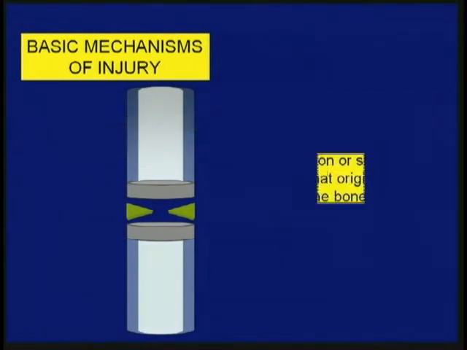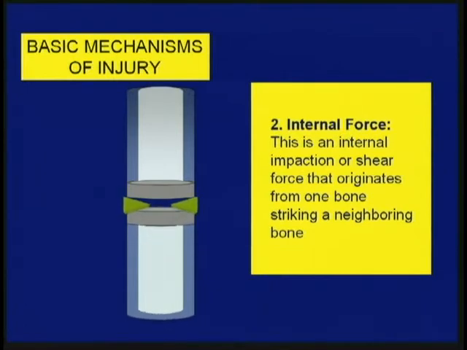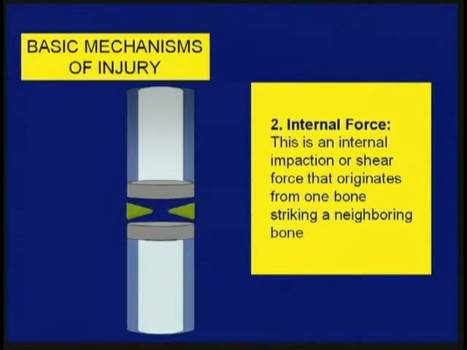The second force that may be operational is the internal force, where one bone strikes its neighbor. In the knee, in the vast majority of cases, it is the femur and tibia that collide. Now, there are exceptions, a lateral patellar dislocation where the patella and femur collide, and maybe some bizarre fibular dislocation that strikes the femur or something.